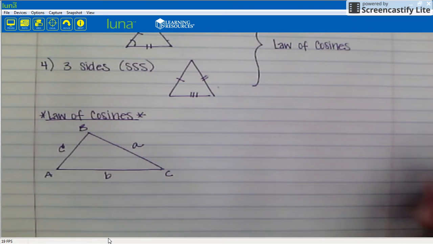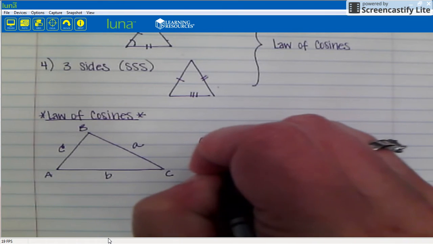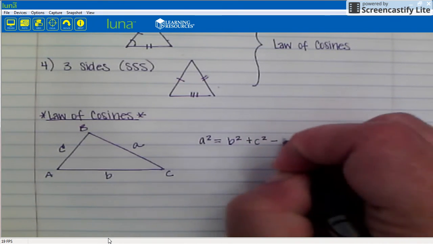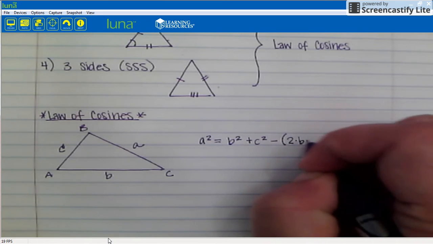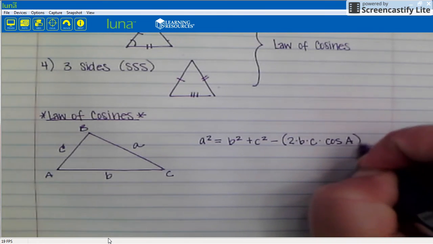Then we know that the relationship that exists there is a squared is equal to b squared plus c squared minus 2 times b times c times the cosine of angle A.